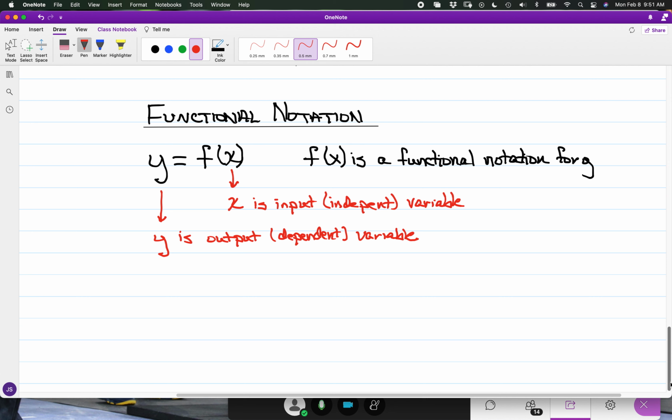And just crossing over to the realm of functional values, equations, determining functional values and expressions.